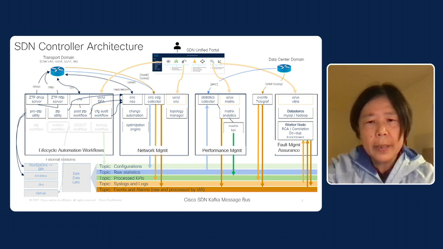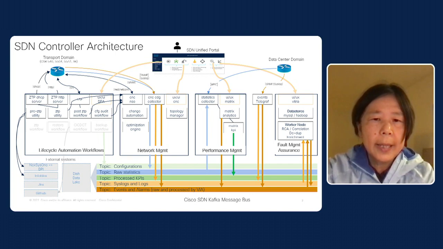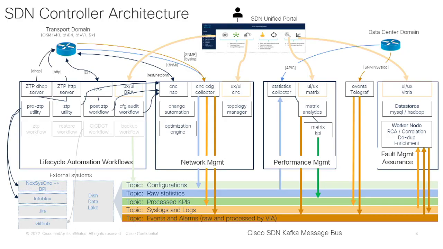So once the devices are onboarded on CNC, CNC starts collecting telemetry data from network devices through gNMI, and in addition, also collects SNMP and syslog information from the network. Those will be made available through the bottom Kafka message bus.